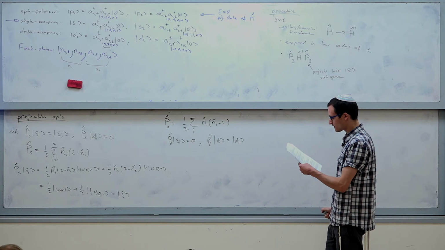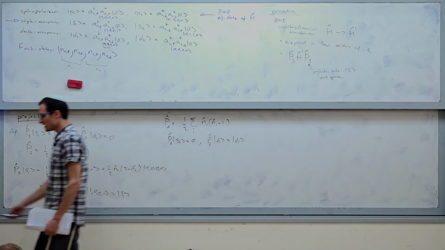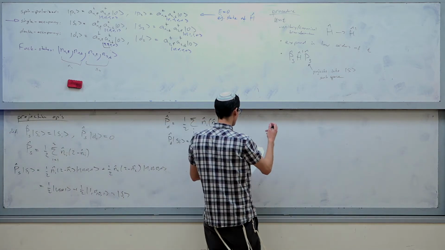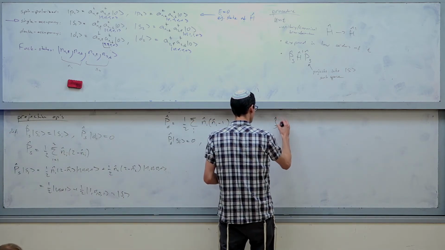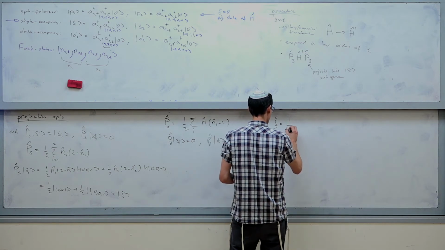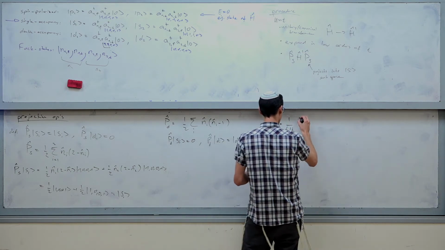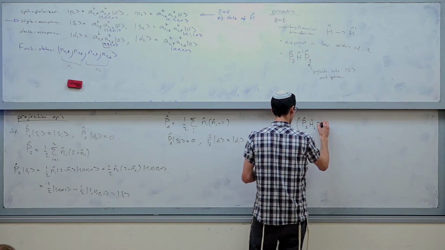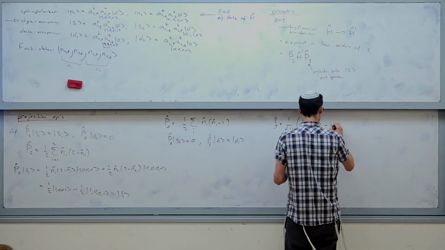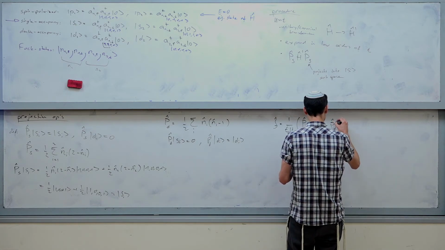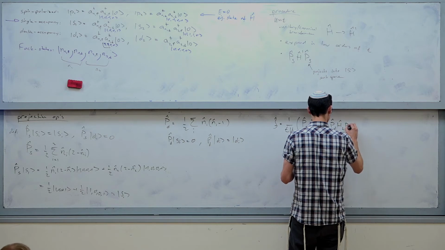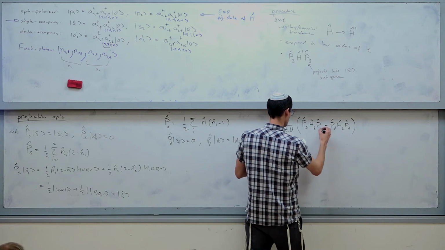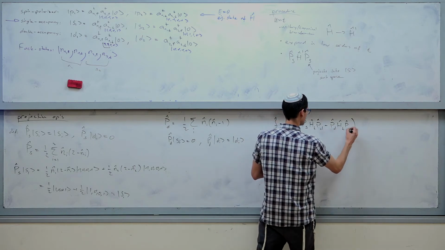Okay, let's start with our transformation. For this transformation, I'm going to introduce a seemingly arbitrary operator, which I call F. Sorry, S, D, D, S. There we go.